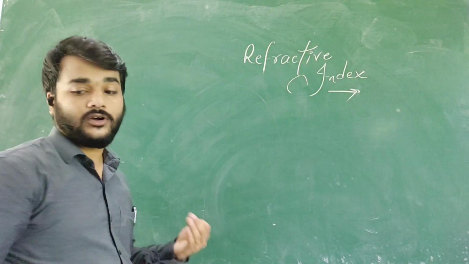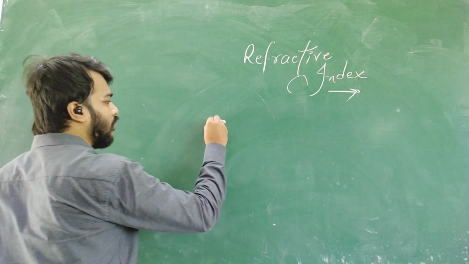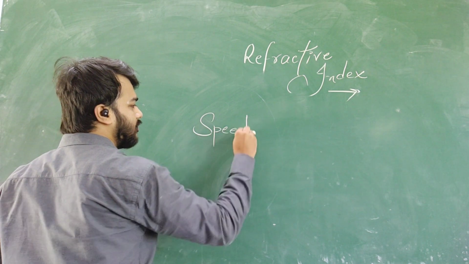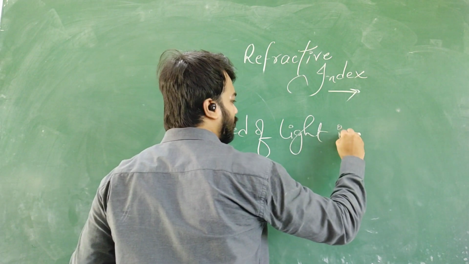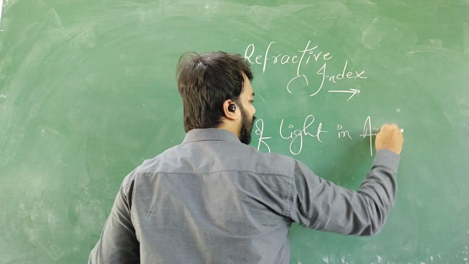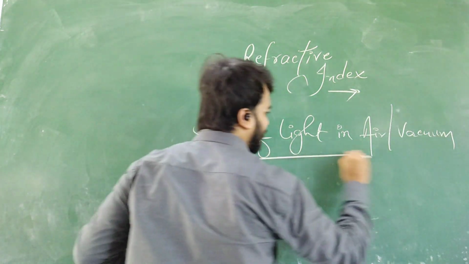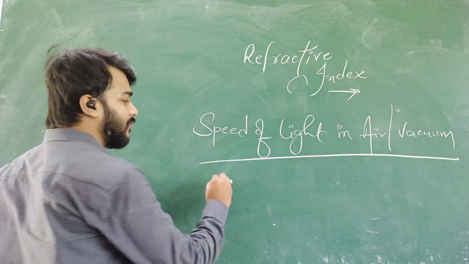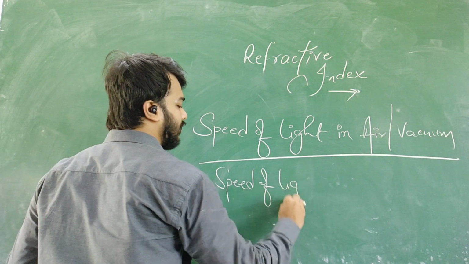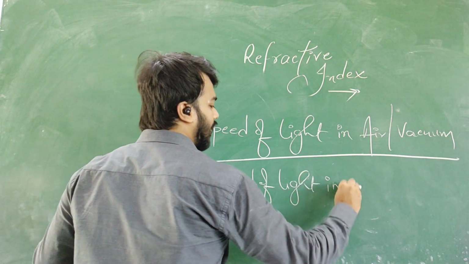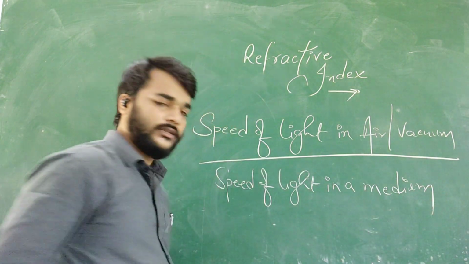Now this formula, as I've already said, is related to the speed of light. If we take the ratio of the speed of light in air or vacuum, and divide this by the speed of light in a given medium, okay, we are considering one medium, and that medium could be anything.